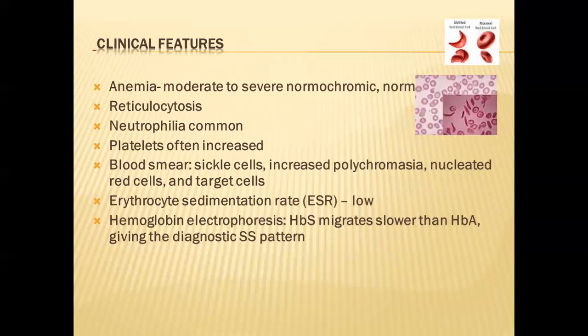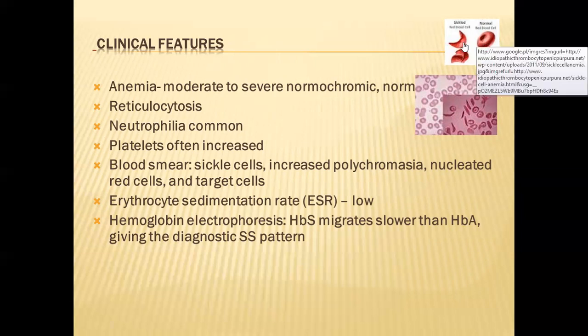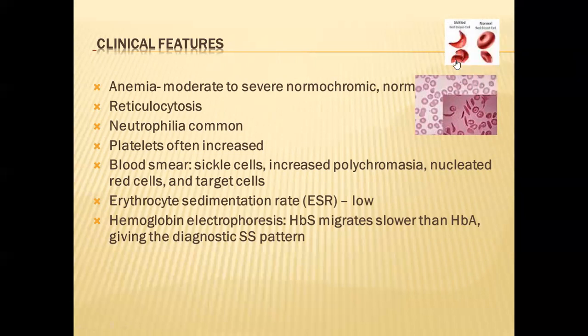Blood smear will show you the sickle cells. You can see the normal RBCs and the sickled RBCs shown in the slides, and in the smear there are normal and abnormal RBCs.